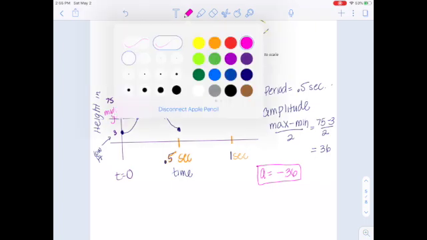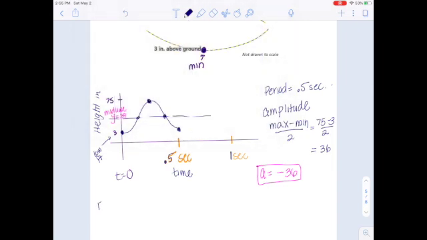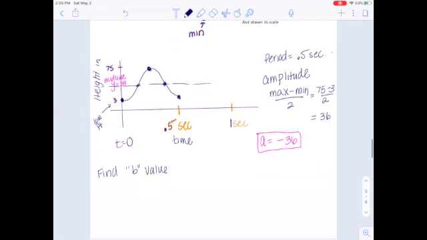All right, and now let's get our b value. Okay, we're going to go to our period. We figured out our period was equal to 0.5.